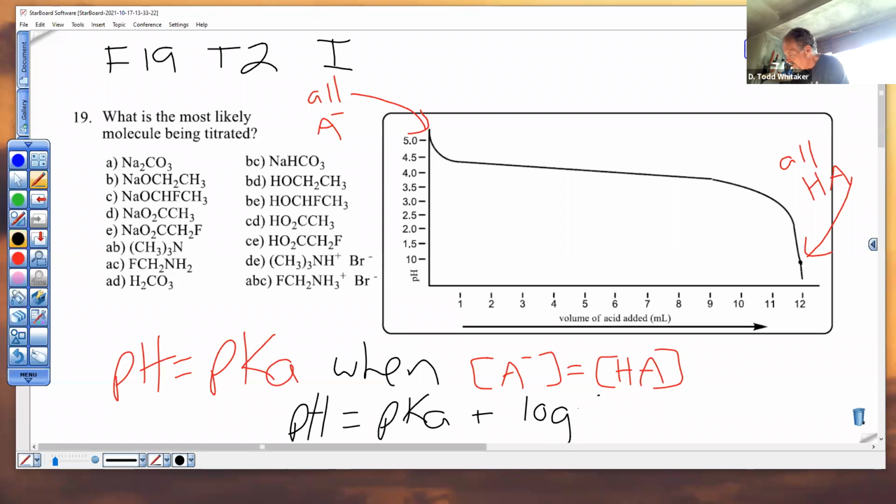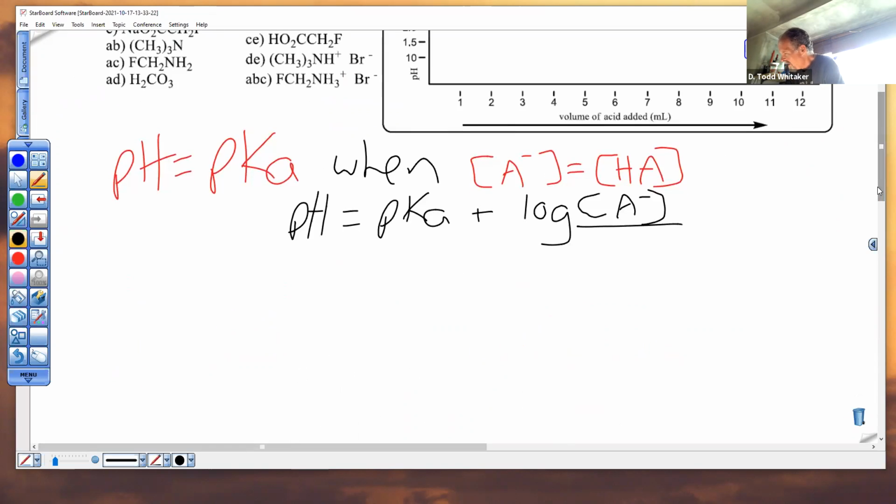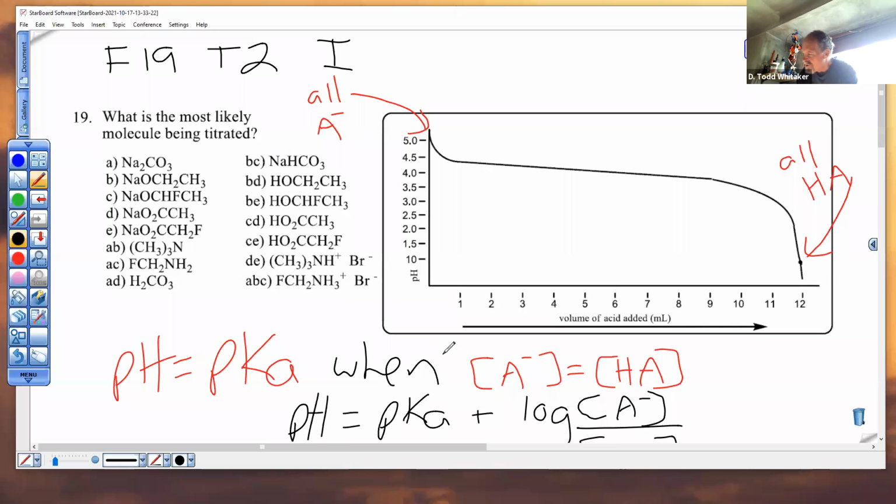We never have to use that with a calculator. But that proves that when these numbers are equal, pH equals pKa. You don't ever have to prove it to me, just have to use it.